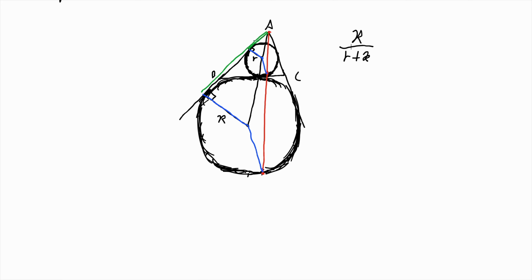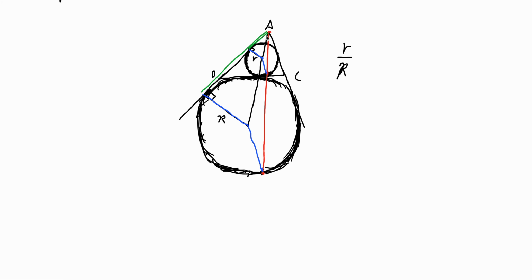Okay, then whoa, what am I saying? Oh my goodness, sorry. It is the small r to big R. Yeah, I'm so sorry, I was suddenly confused for some reason. So we know that the short green to long green is small r to big R. That's obvious using similar triangles.